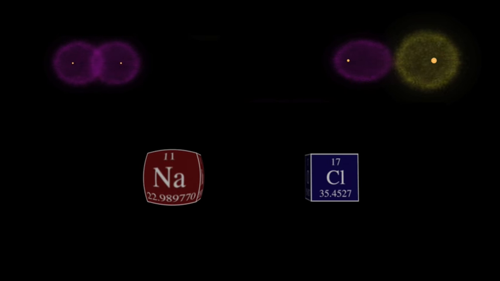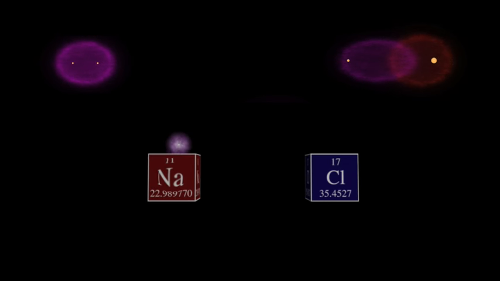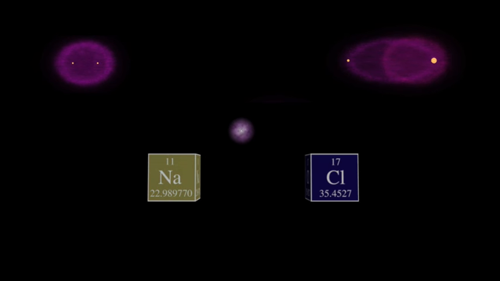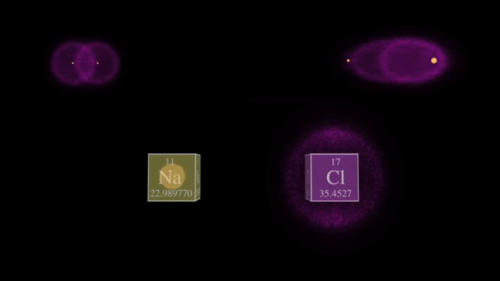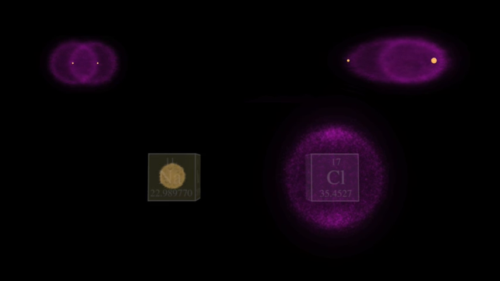This kind of bond is called an ionic bond. It has a very strong attraction between positive and negative ions. Most people differentiate this from a covalent bond by saying that in ionic bonds, electrons are exchanged instead of shared.